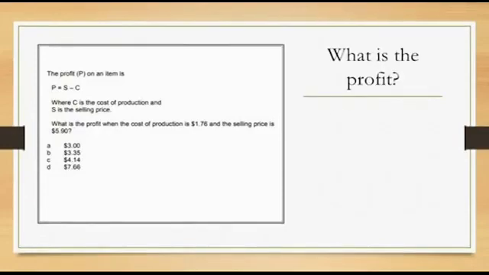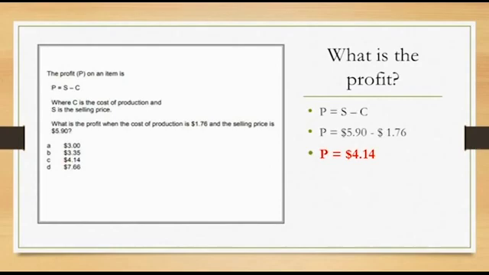Let's work it out by substituting. So we substitute S for $5.90. We substitute C for $1.76. We do the subtraction. So the profit is $4.14.